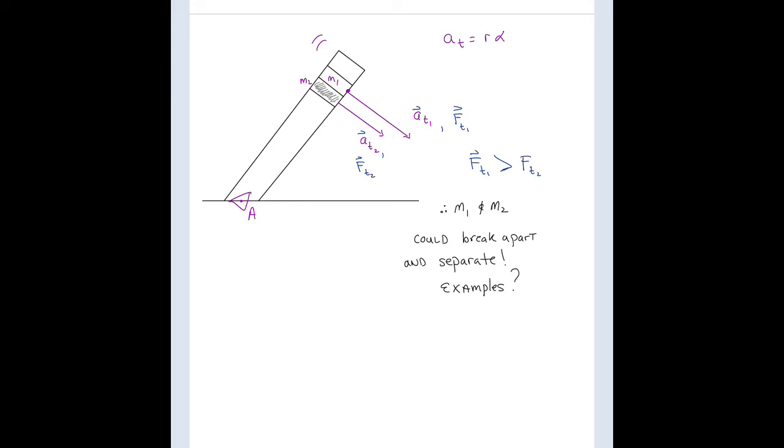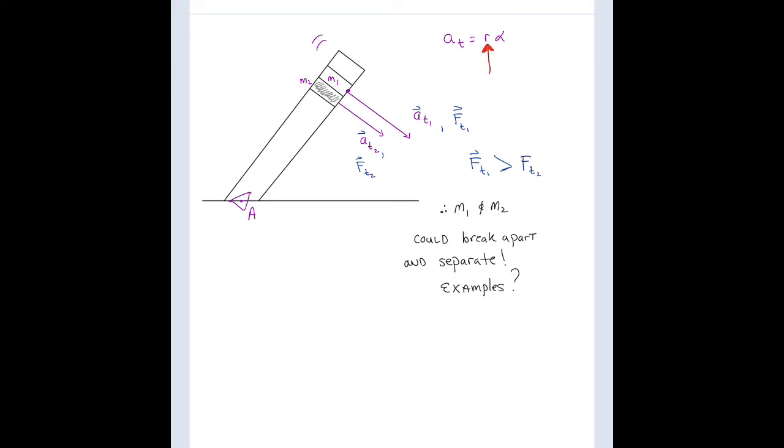Then mass M2, a little bit closer to the axis of rotation, has a smaller distance from the axis, so its tangential acceleration is a little bit smaller. They're not drawn to scale. I'm just showing that number 1 is larger than number 2.